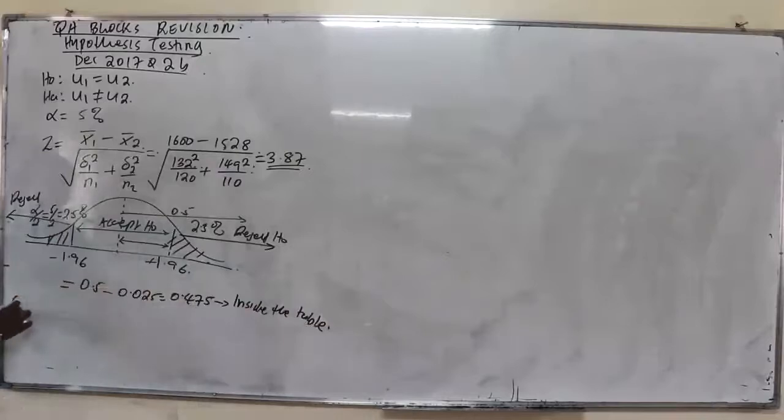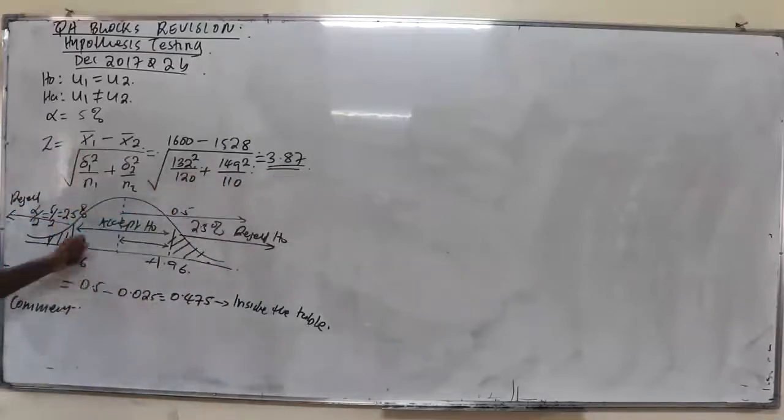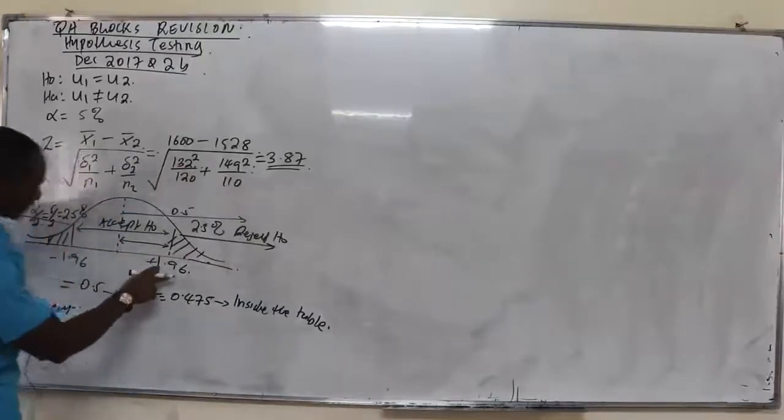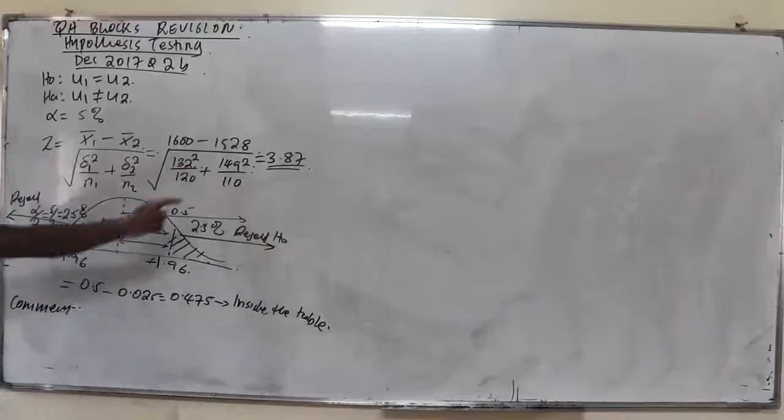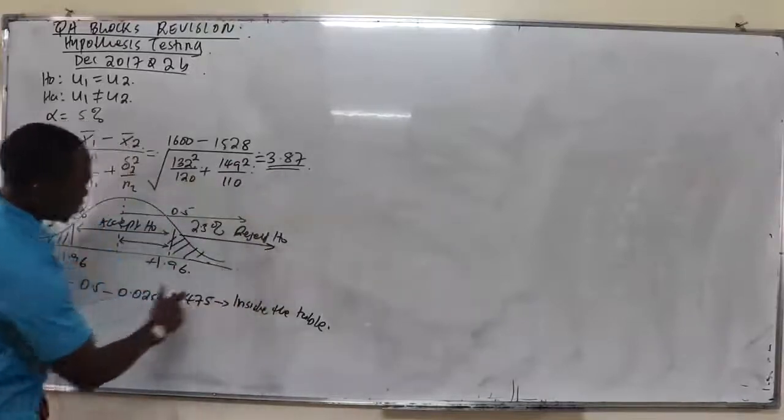So now let's comment. In this case, you are comparing your Z calculated, which was 3.87. Does it fall in the acceptance region or rejection region? Remember, this is positive 1.96, negative 1.96. 3.87 is above 1.96. That means we do what?